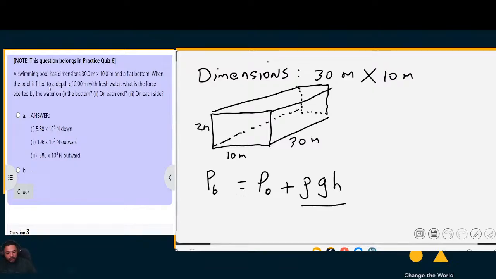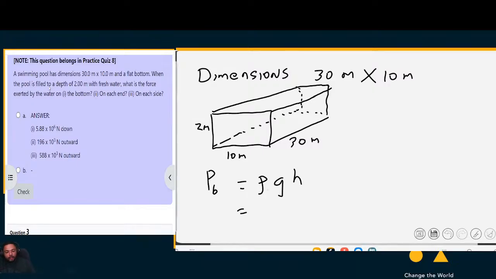We are not going to add the atmospheric pressure. Let's denote the gauge pressure as PB, the pressure on the bottom. It will be the density multiplied by g multiplied by h. You can, of course, add the constant of the outside pressure, the atmospheric pressure.